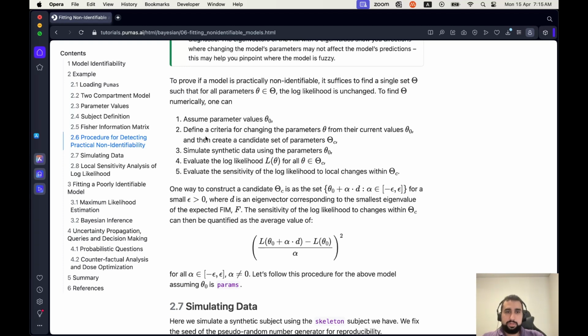Next, we're going to define some criteria by which we can change the parameters theta 0, or theta, to be around theta 0, and create a candidate set. So create a set of parameter values. Recall, what do we mean by non-identifiability? How can you show non-identifiability? If multiple parameters give you the exact same prediction or log likelihood given a lot of data, then that's a proof of non-identifiability.